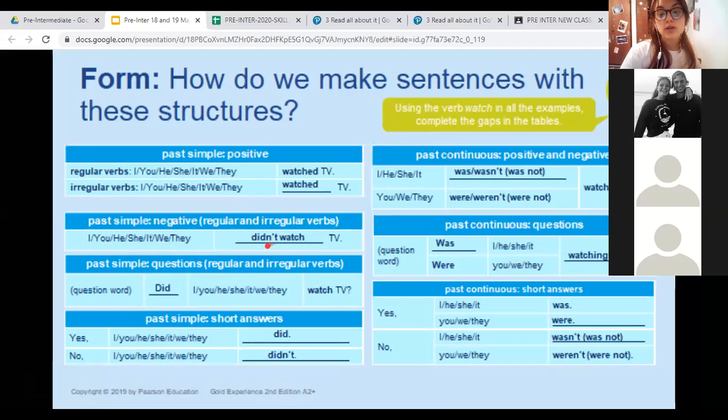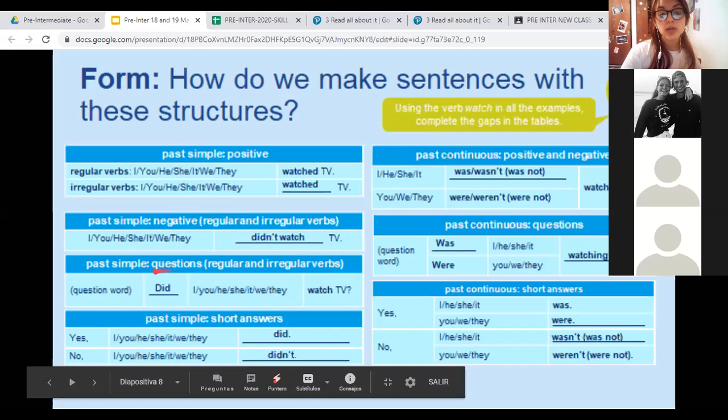We will write didn't or did not. And the verb. What happens to the verb? Is it with ing? Is it with ed? Queda en infinitivo. Good. The verb is in the infinitive. That's correct. So to form a negative, we use didn't and the infinitive.